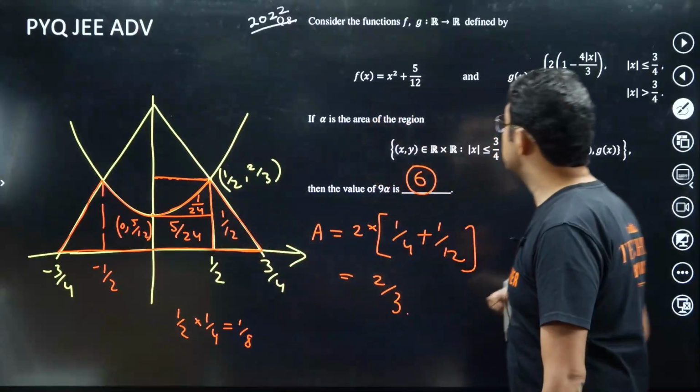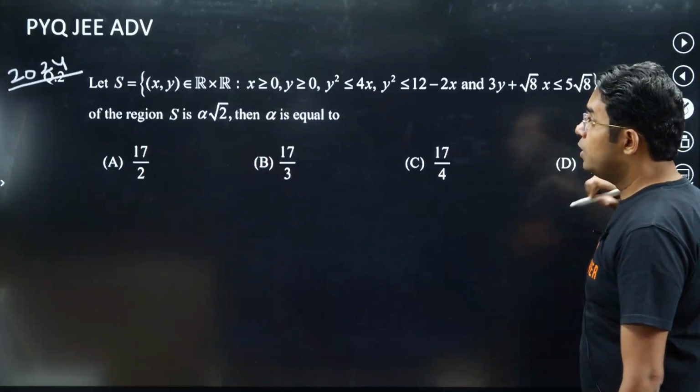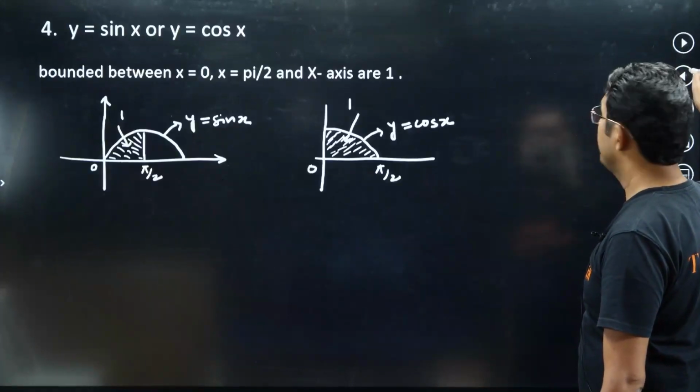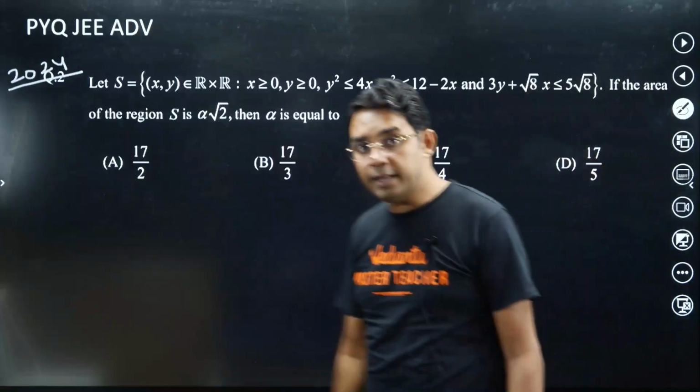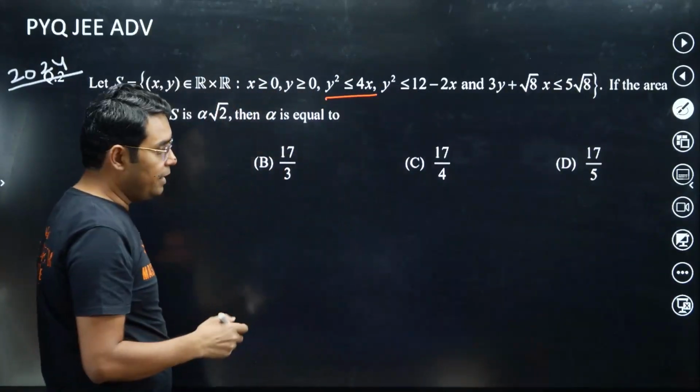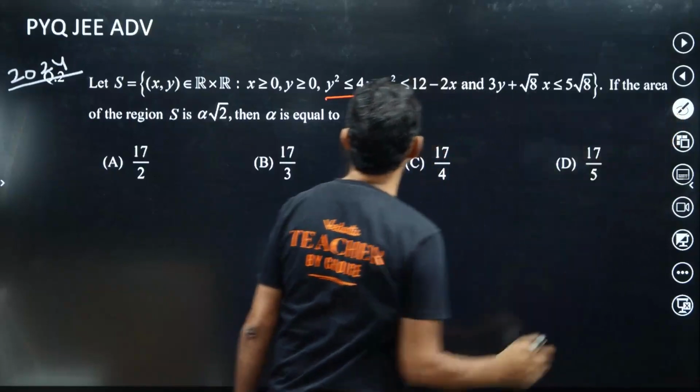Okay, so that is question 22. Now I'm having one more question, I think from 2024. Here again they have given two parabolas. One is y square is less than or equal to 4x.